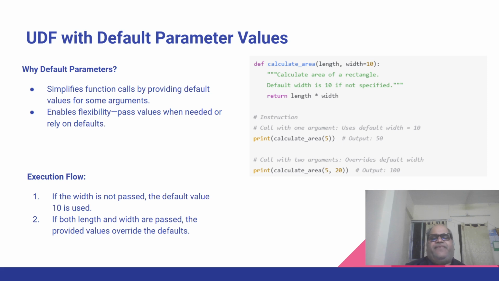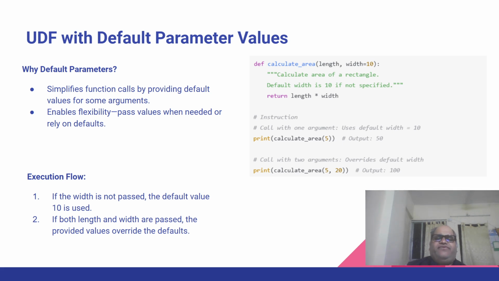and so your answer will be 100. One thing that you can keep in mind is that when you are defining default parameters, they need to be in order. So you cannot have a default parameter first followed by a non-default one. For example, you can't have calculate area with length equal to 10 and width not assigned any default value.